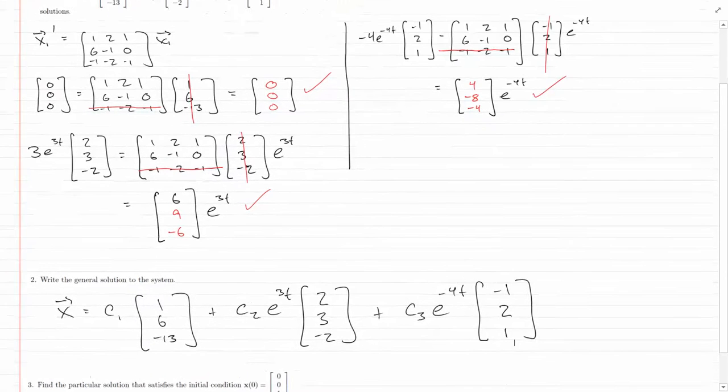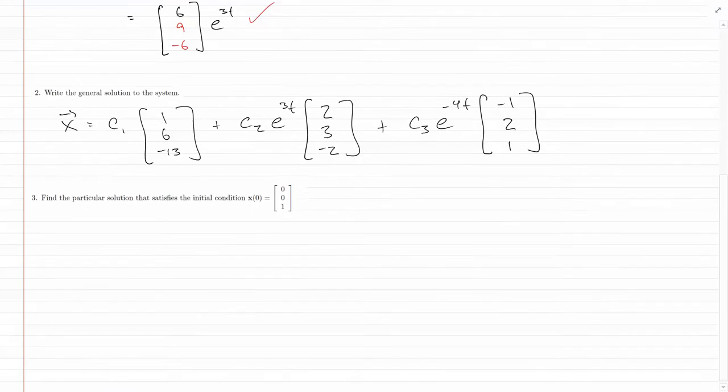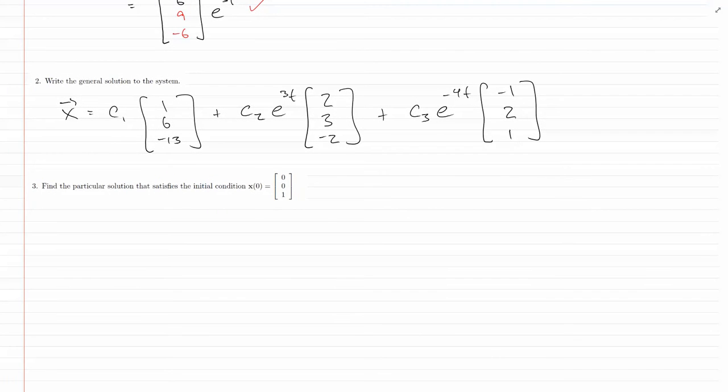Once you've got three solutions, the general solution is going to be a linear combination of those.